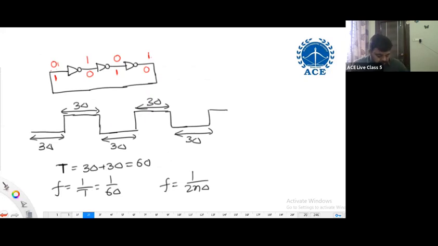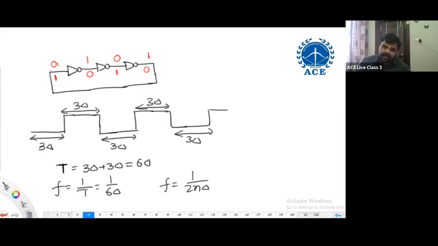Sai Kumar, about duty cycle, that depends on how many inverters I'm using. What is the difference between the rising time and falling time of each and every inverter? When we have that, then obviously we can find the duty cycle also.